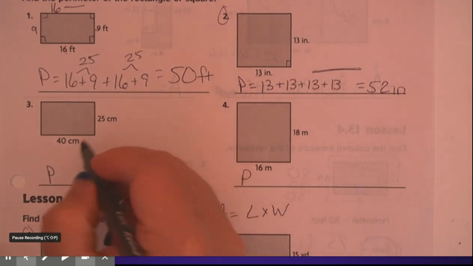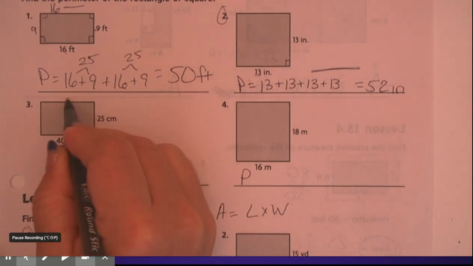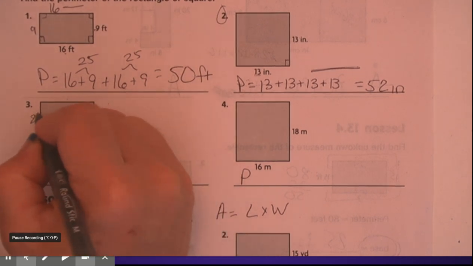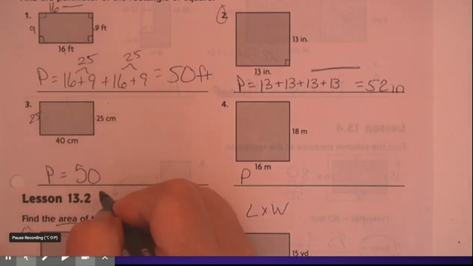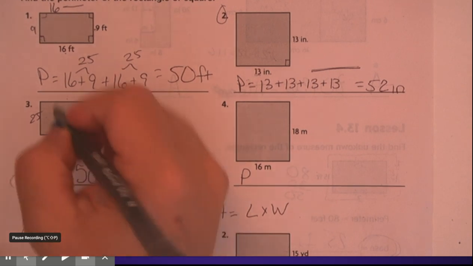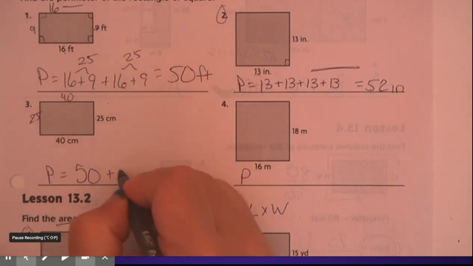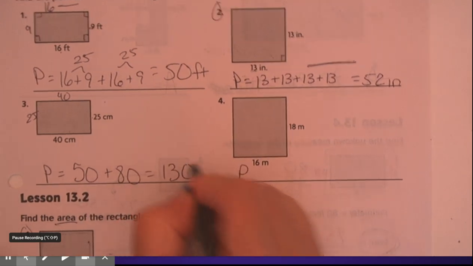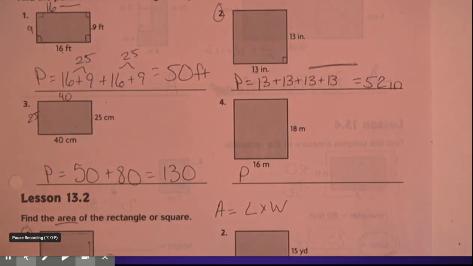So perimeter would be this plus this plus this plus this. 4 sides. 25 plus 25, I know is 50. 40 plus 40, I know is 80. When you add 8 plus 5, you get 13 and 0. So the perimeter to number 3 is 130.